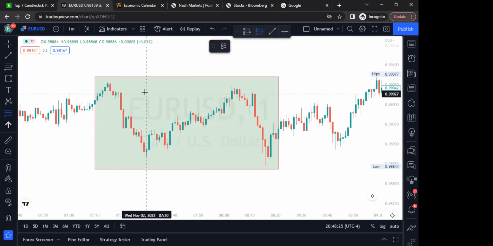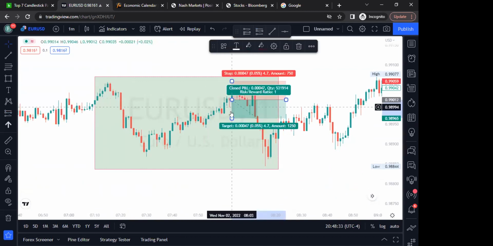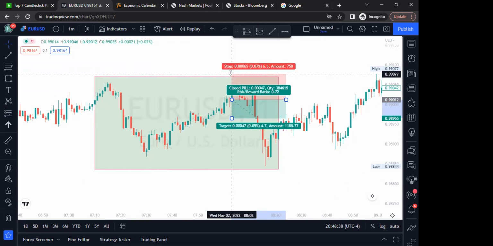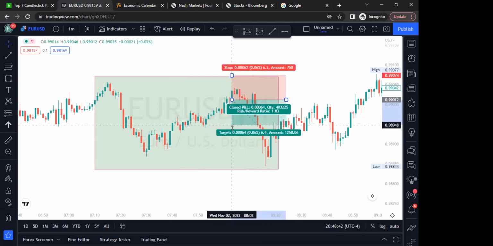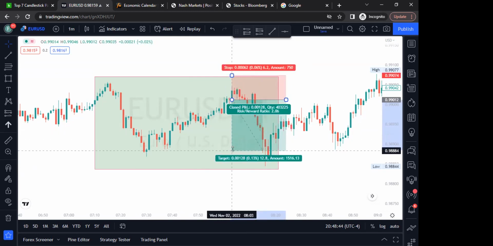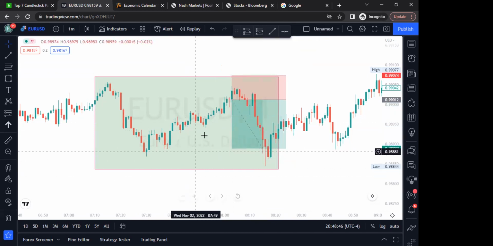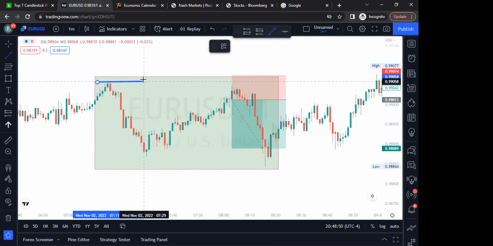Short position. If I want to place this trade, I will start it around this region. And I'll place my stop loss above, simply because I do not want the market makers to hit my stop loss, because that's what they do often. So this would be that high.